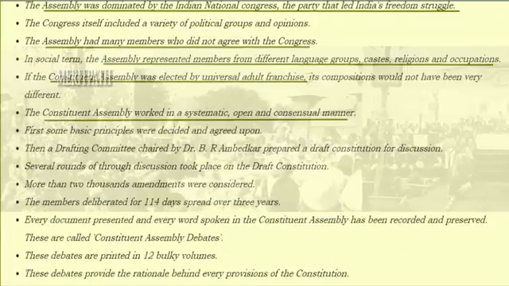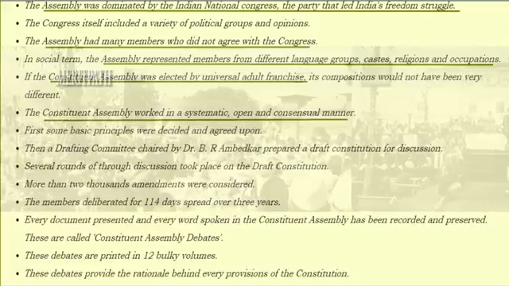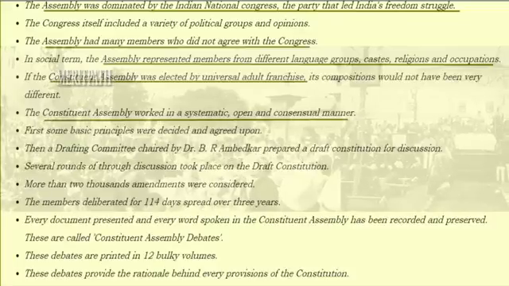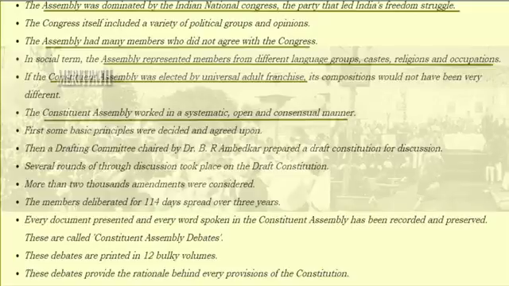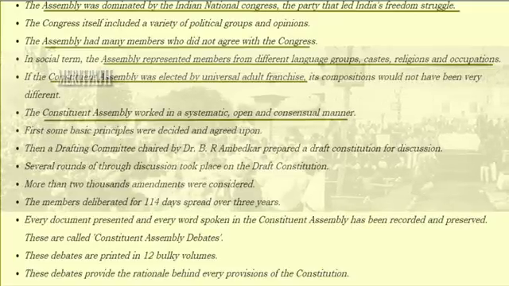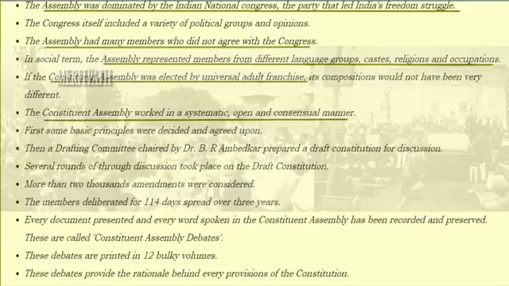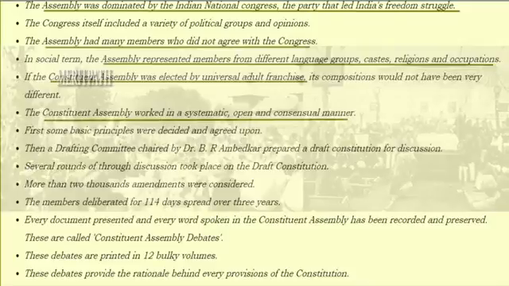The Assembly was dominated by the Indian National Congress, the party which led India's freedom struggle. Congress itself included a variety of political groups. The Assembly also had members who did not agree with the Congress. It also represented members from different languages, groups, castes, religions, and occupations.